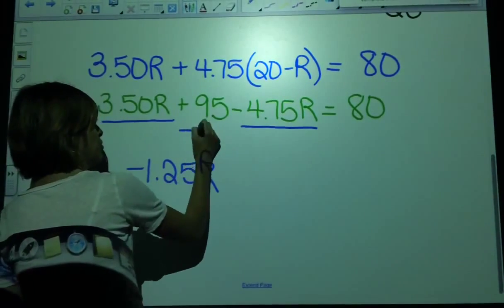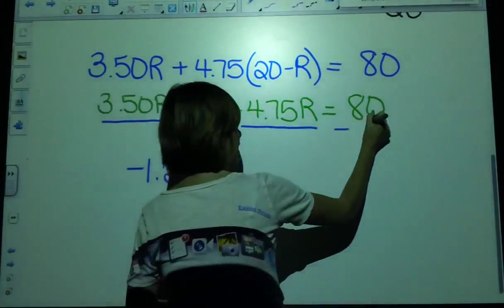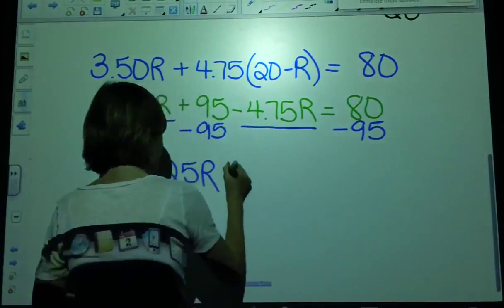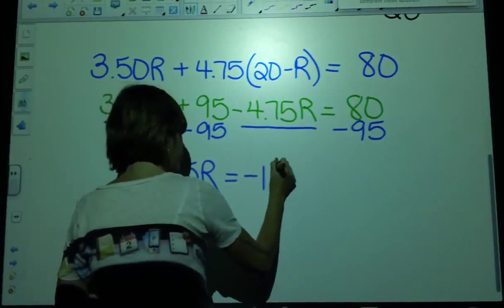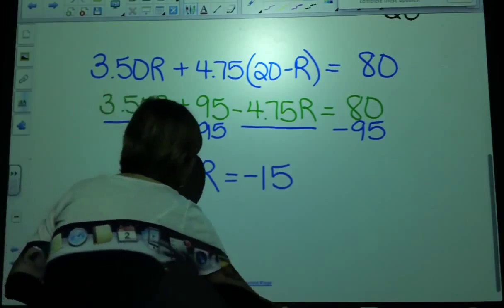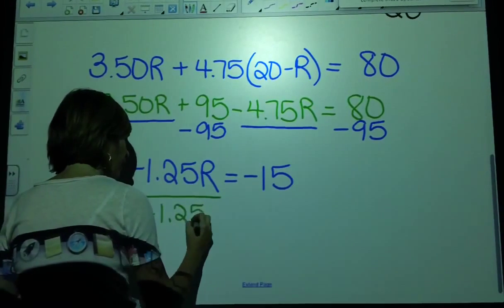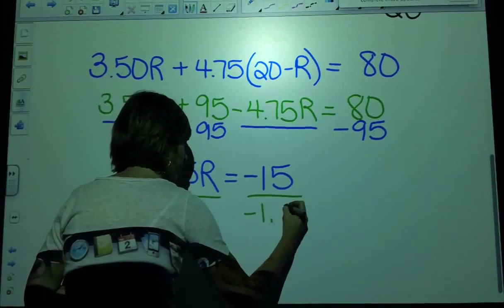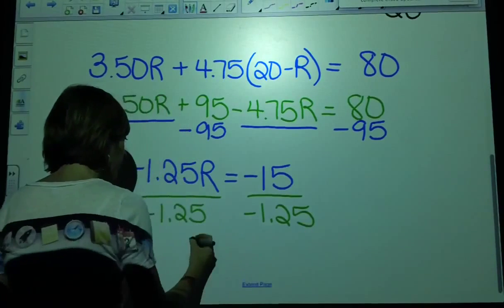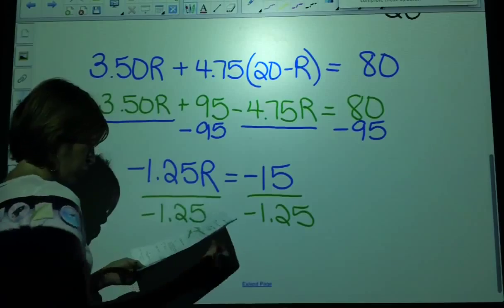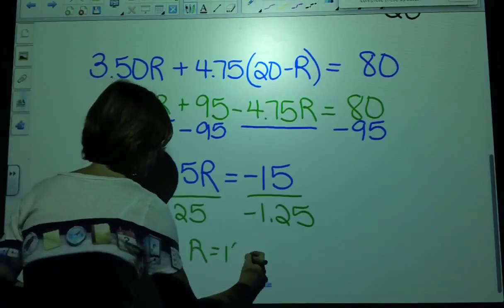I'm also going to subtract 95 from both sides. So I isolated my variable, and I get negative 15. And then I'm going to divide both sides by negative 1.25. So then R is equal to 12.